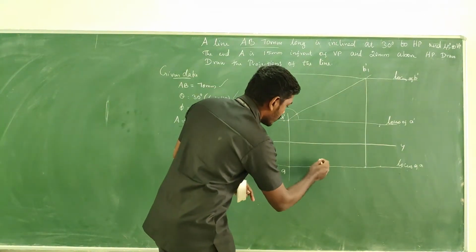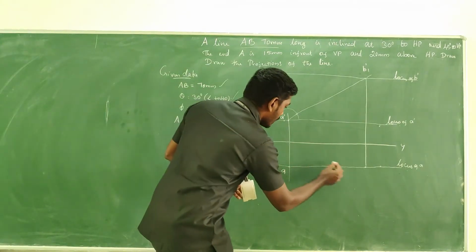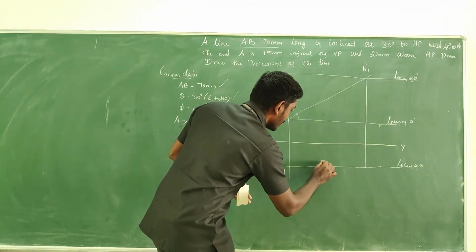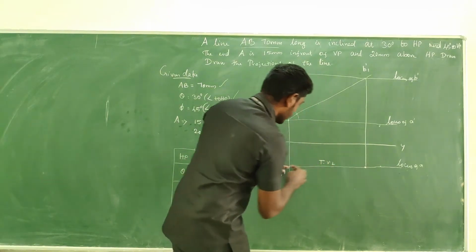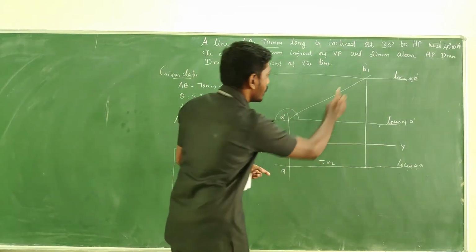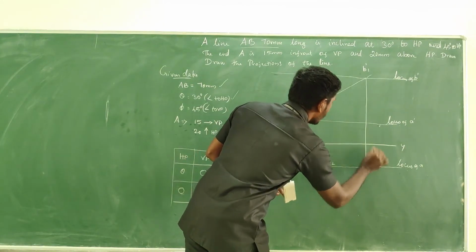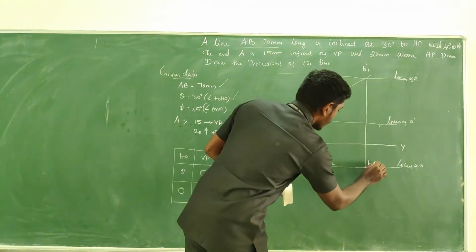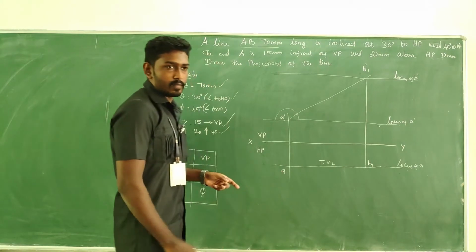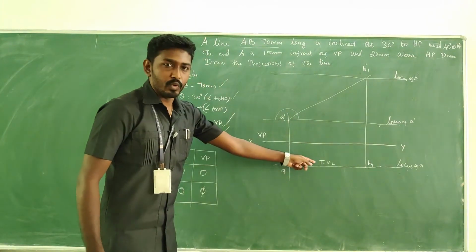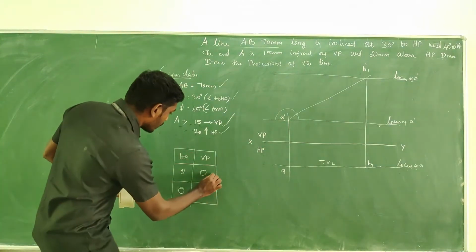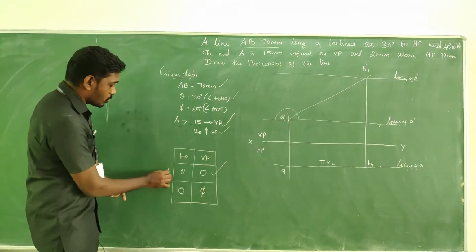You should not write this in your file; for your understanding, I am writing that this is the top view length. This end is B1 dash, so I can take this as B1. So line A B1 is the top view length. Now the first condition is over.